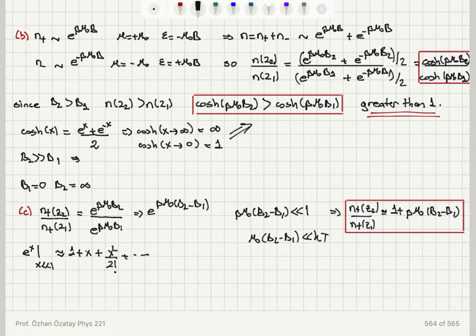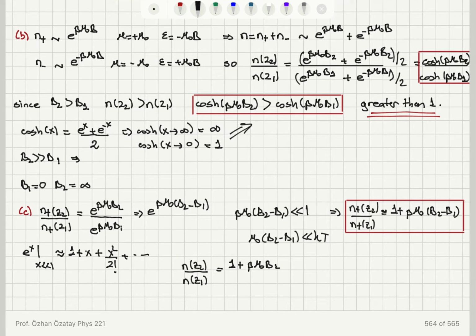And as for the answer for part B, if I look at the ratio n z2 divided by n z1, for the top part I have e to the beta mu 0 b2. So let me write three terms here. If I write two terms, you can see that the magnetic field dependence will disappear and I will get a 1.